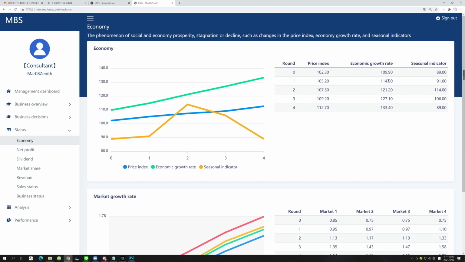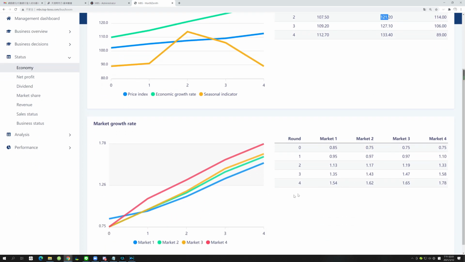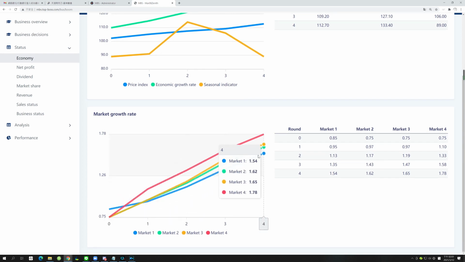The market growth rate graph will show you the differences among markets, and you can look at those figures and use them as reference. In other words, if decisions made by different teams remain the same and do not consider other factors, we can see that the market is growing.